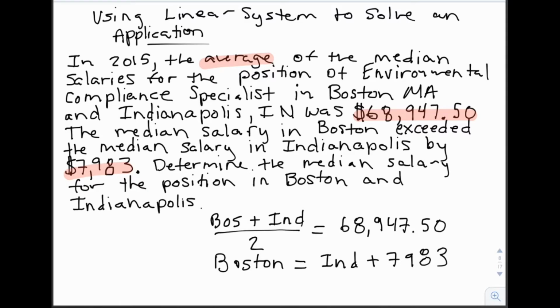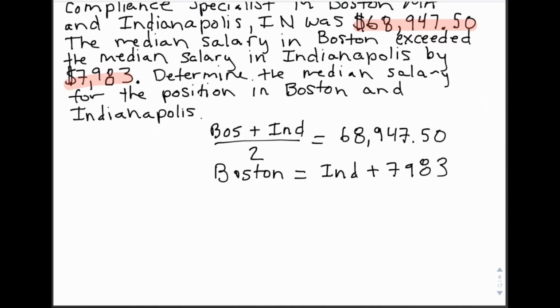7,983. So in this case, we have two equations. We can go ahead and try to solve for the salary of Boston and the salary of Indianapolis. So let's simplify that top one to something a little easier to work with.